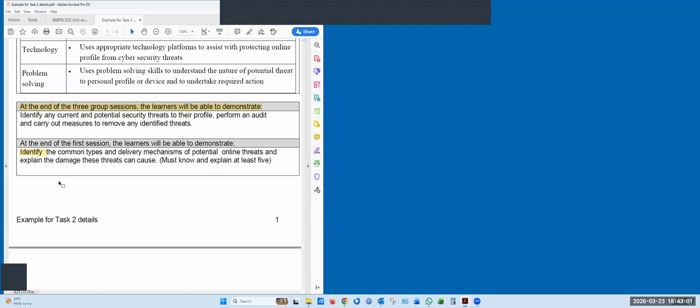Okay. The reason is because if you have an active verb, it means you'll be able to measure something. Because if you say, like I've written here, identify the common types and delivery mechanisms of potential online threats, that means I can create an assessment task where they have to do that.